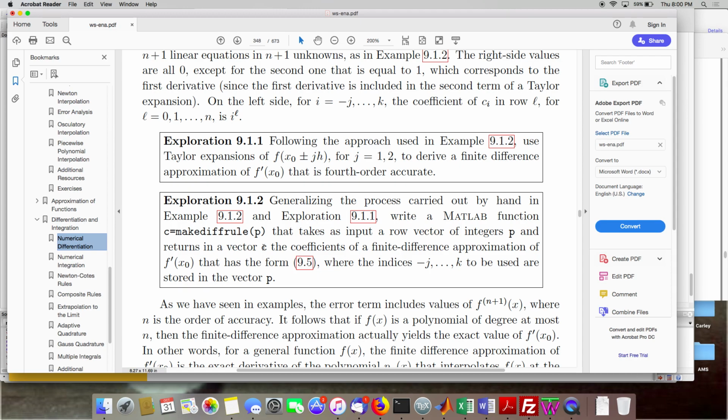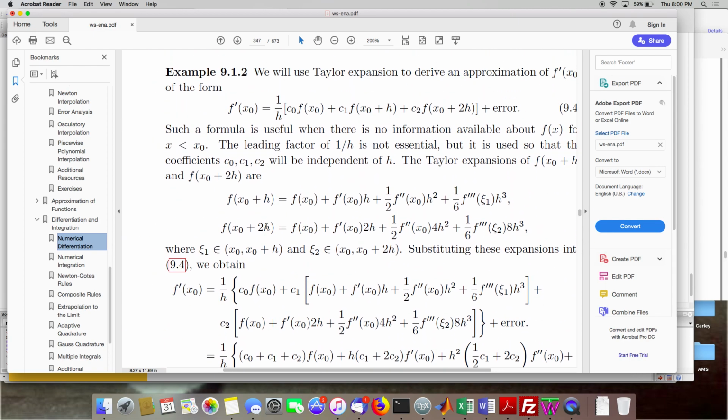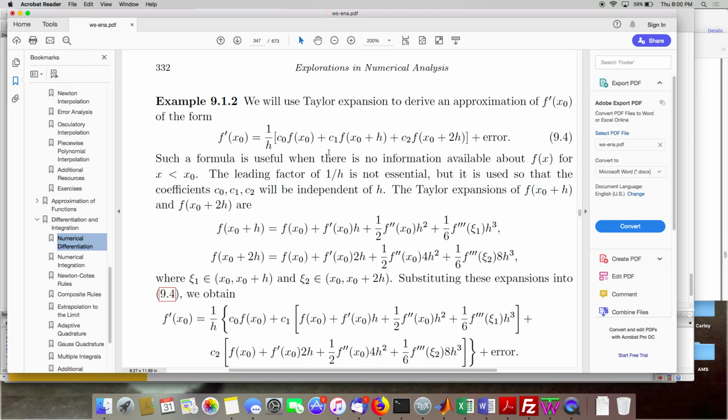You said we should use the approach in example 9.1.2. But the formula you gave there, is that the same formula for approximation you're using? Because earlier in the textbook, you said when we have equally spaced points that are symmetric, that is the center difference formula. Are we using the center difference formula? It will be a center difference formula.